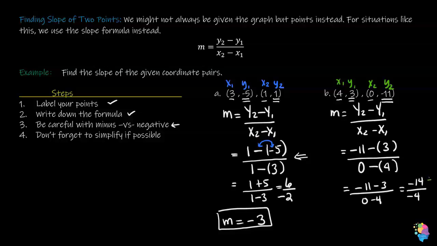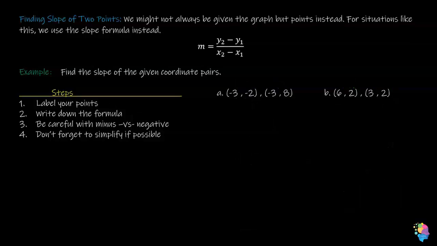They both can be simplified by 2. So when I simplify, I get that the slope is going to be 7 over 2. And because they both have the same sign, that's going to turn into a positive slope. So then the slope of these 2 points is 7 over 2. So then let's try two more examples.